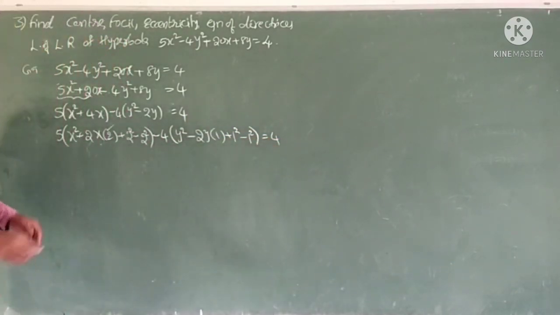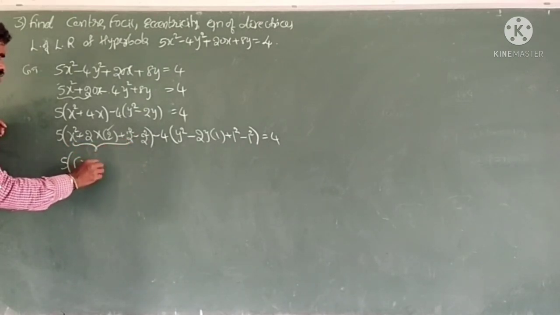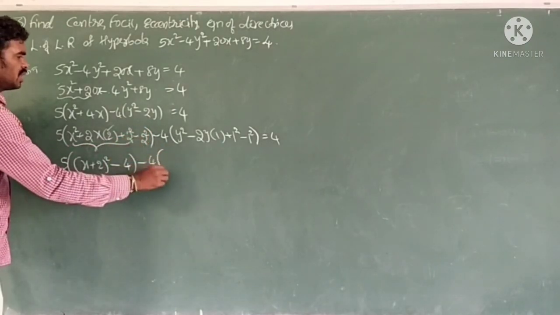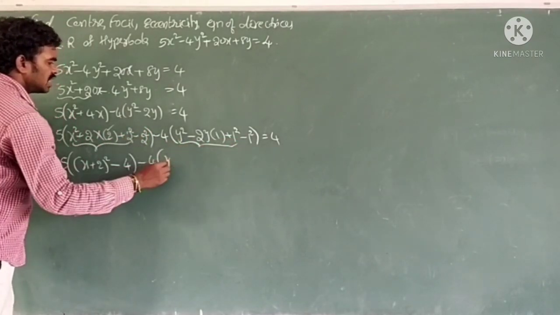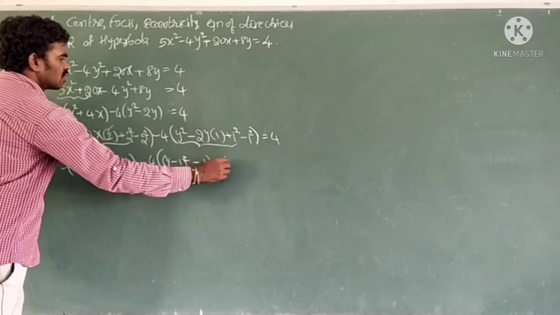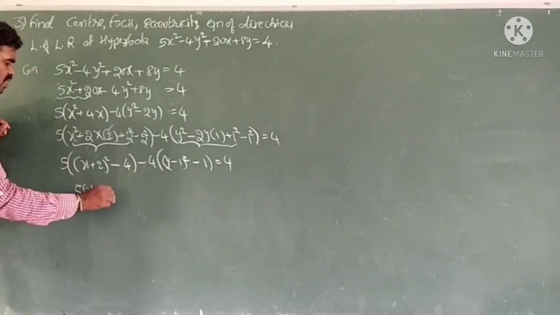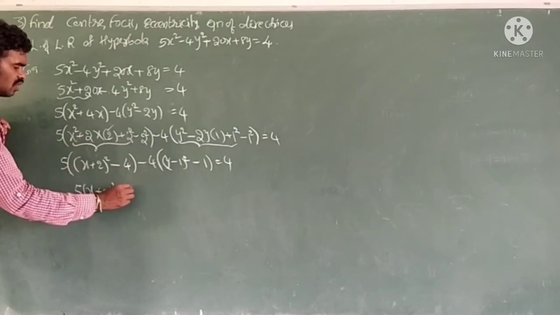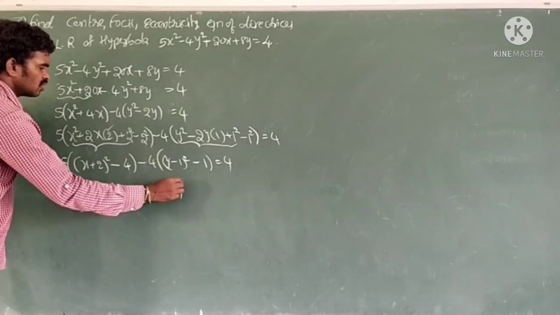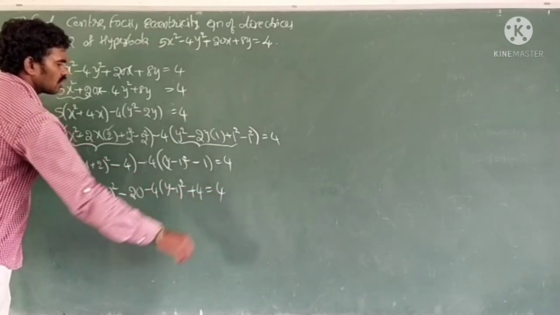So 5 into, from here to here, x plus 2 whole square, and minus 2 square means 4, minus 4 into, from here to here, y minus 1 whole square, and then minus 1 square means 1, is equal to 4. So multiply with 5: 5 into x plus 2 whole square minus 5 into 4, 20, minus 4 into y minus 1 whole square, minus 4 into minus 1 is plus 4, is equal to 4.